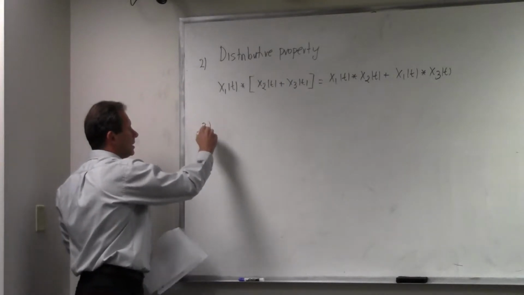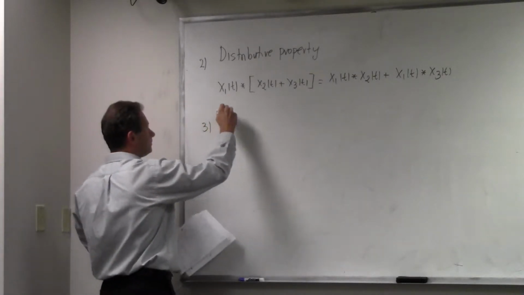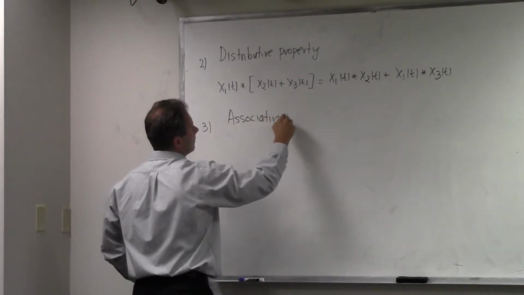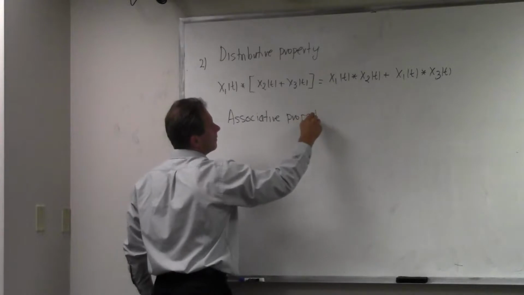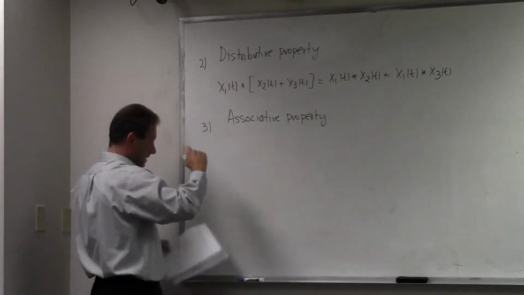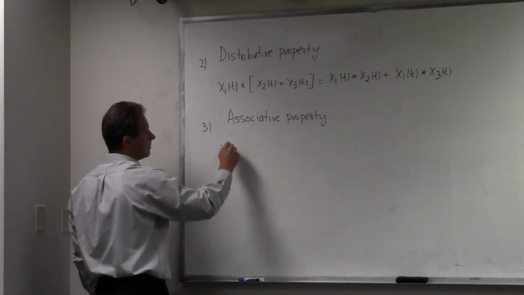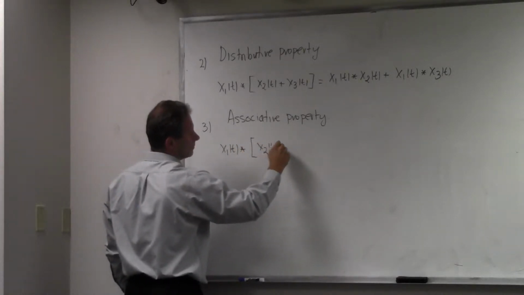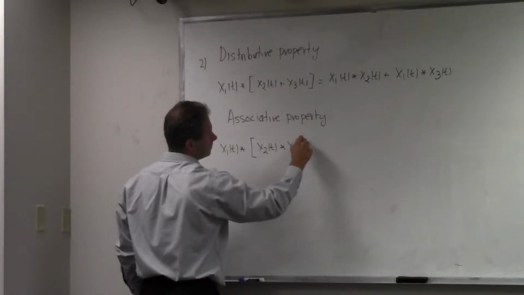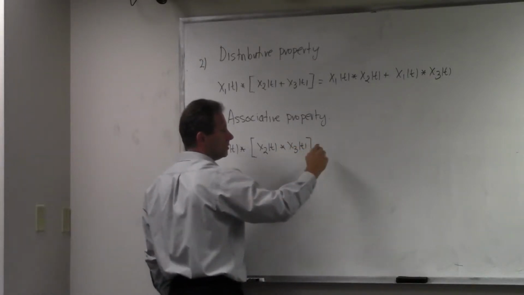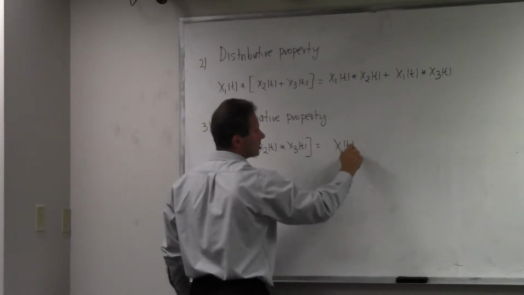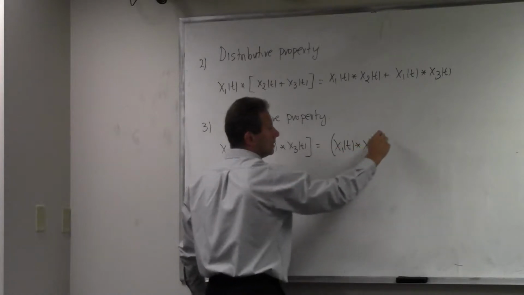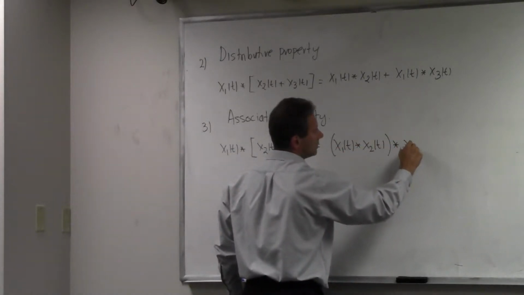The third one is associative property. And this one says that if you have x1 of t convolved with x2 of t, that is convolved with x3 of t, then you can actually change the order in which you do the convolution and first do x1 of t convolved with x2 of t, and then convolve the result with x3 of t.